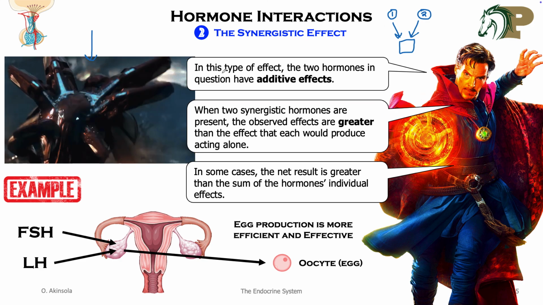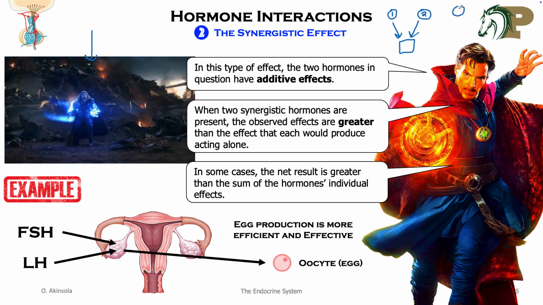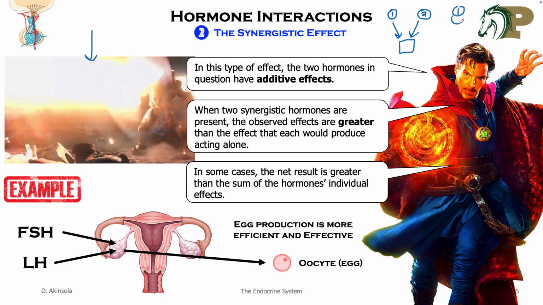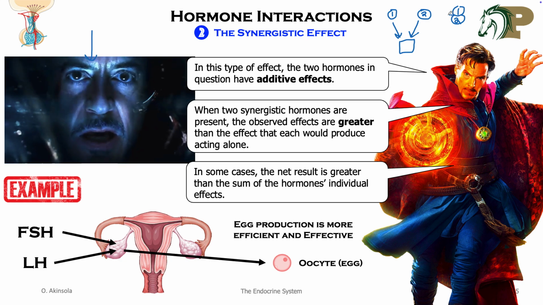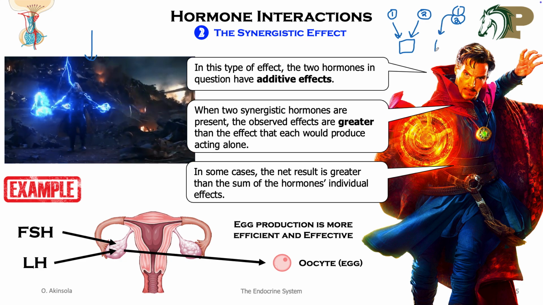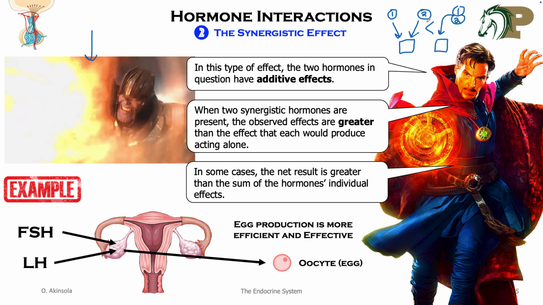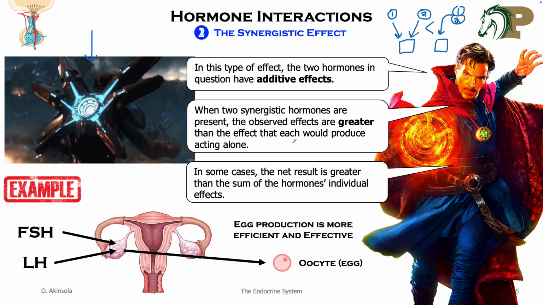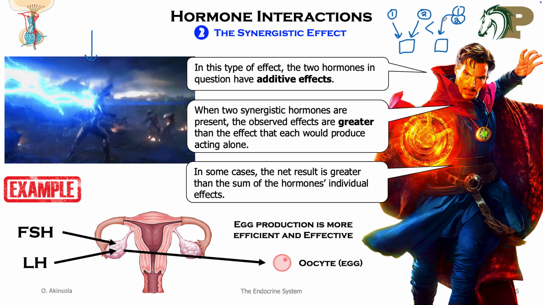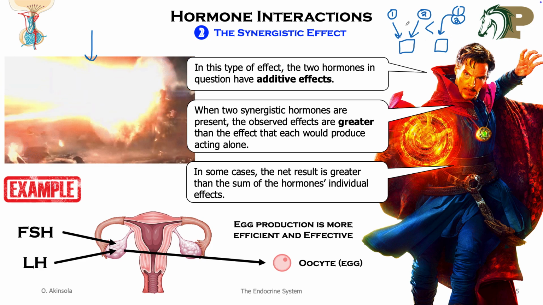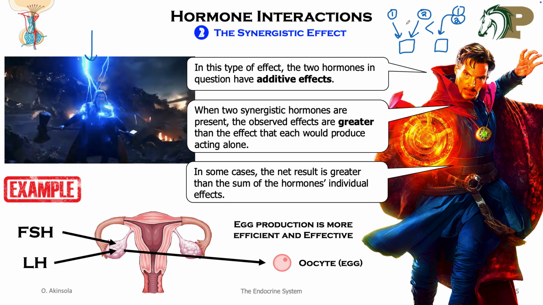When hormone 1 and hormone 2 combine and collectively act on a target cell, this is always going to be greater than this over here. So the net result of them acting synergistically will always be greater than the sum of the hormones' individual effects.